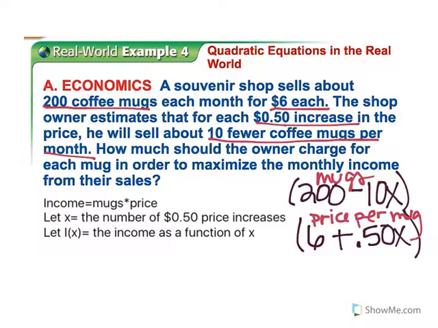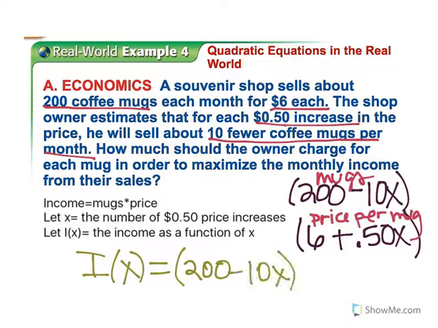Now we need to actually write that as an equation. So we have our income, which we let be I of x, and that's going to equal the number of mugs, which we just said is 200 minus 10x, and we're going to multiply that by the price per mug. So now we actually need to get this in standard form, that ax squared plus bx plus c.